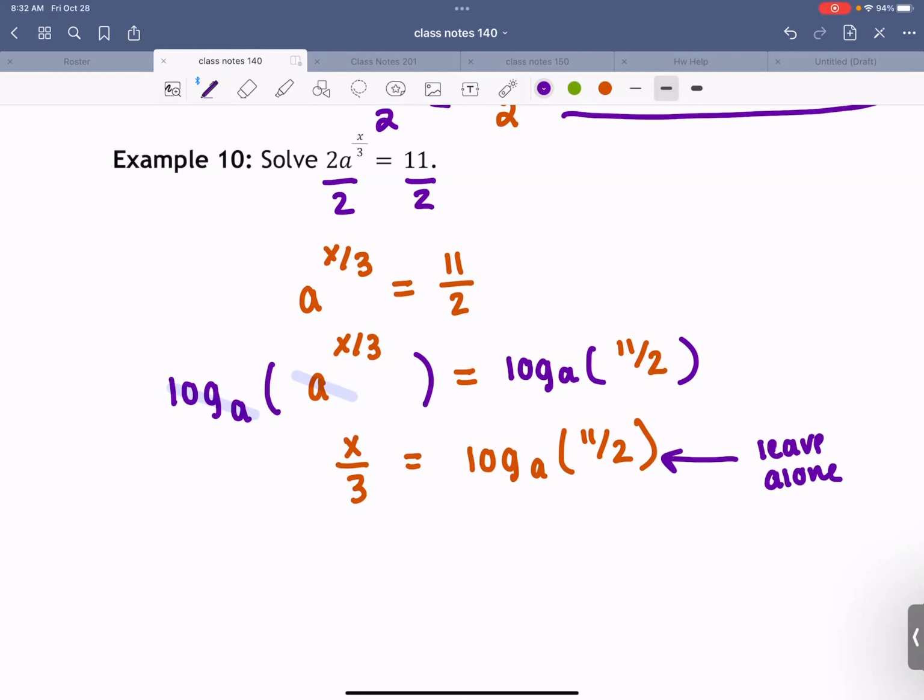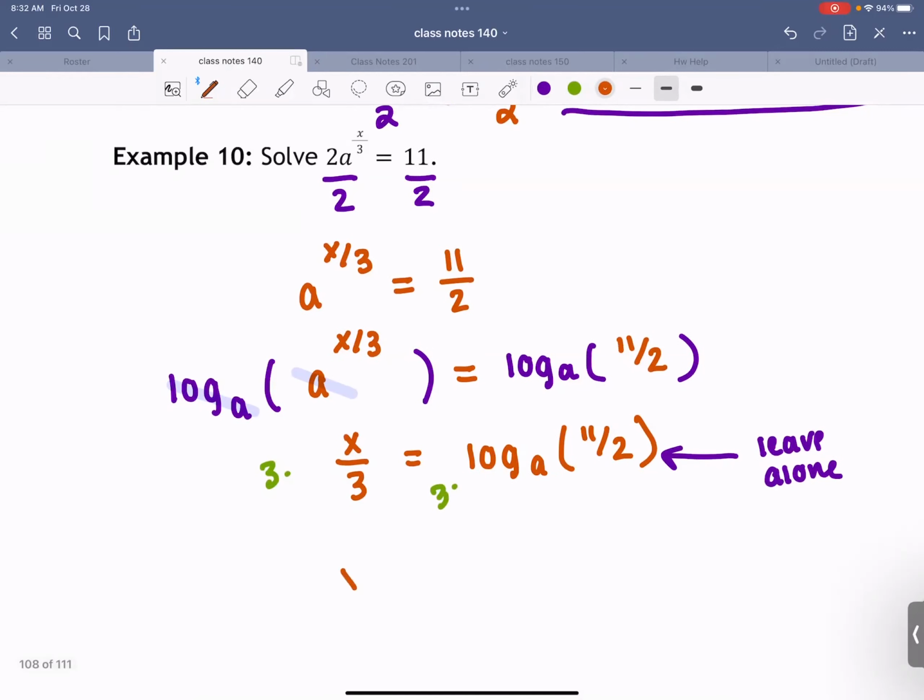Okay, but x isn't by itself yet. How can I get x by itself? Multiply by 3, right? So 3 on both sides gives me x equals 3 log base a of 11 over 2. And we kind of just leave it like that. Can't figure out what that log is, so just going to leave it alone.